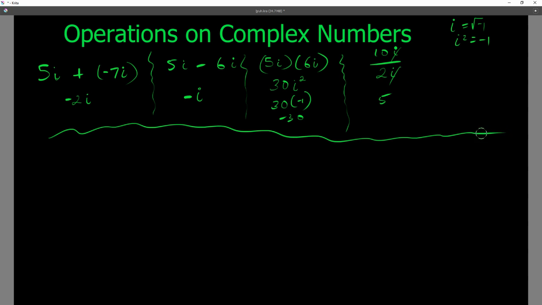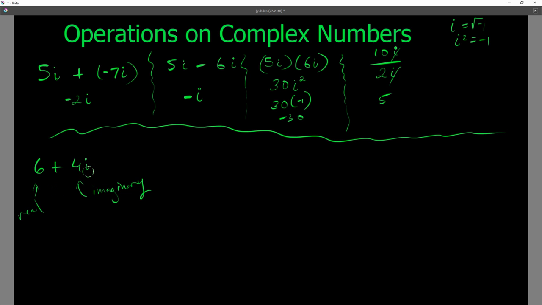Okay, now what happens if you have a real number, like 6, and you add that to an imaginary number. Okay, so here you have 6 plus 4i. This part has an i, it's imaginary. And the other part here is the real part. If you have a real part adding to an imaginary part, you cannot add them together.